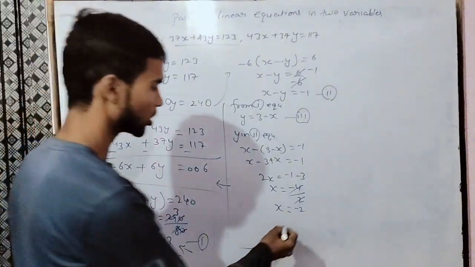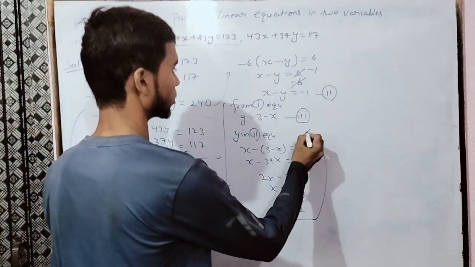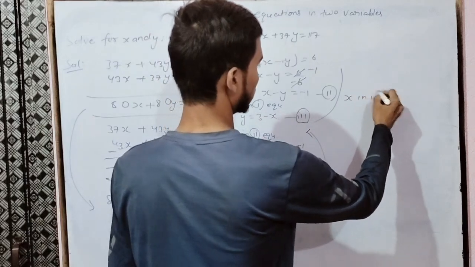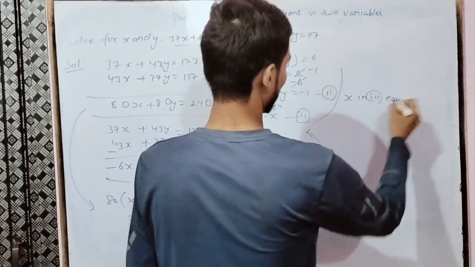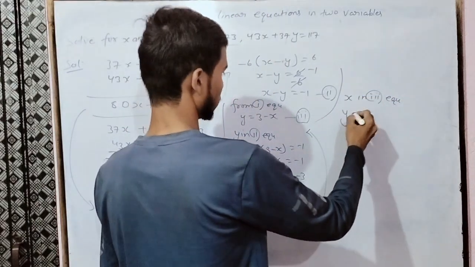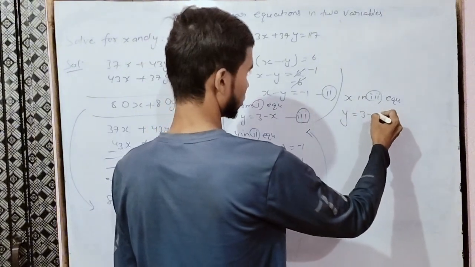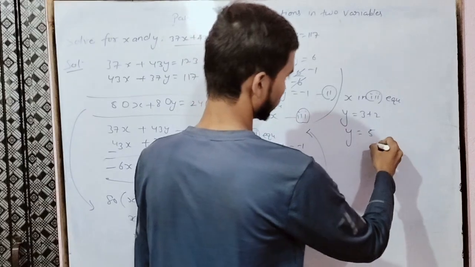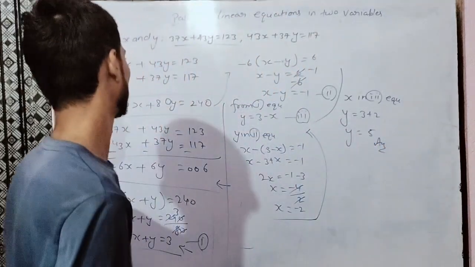Now we will substitute this x in the third equation. So here y is equal to 3 minus 2. So we got y as 5. 5 is this. We should even check.